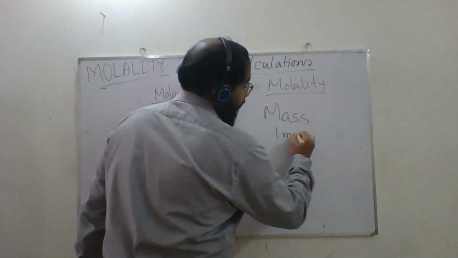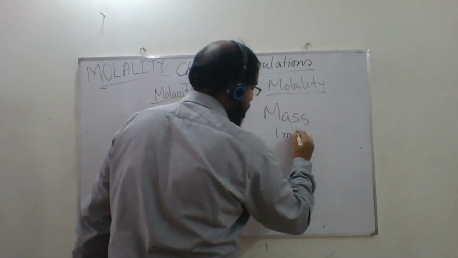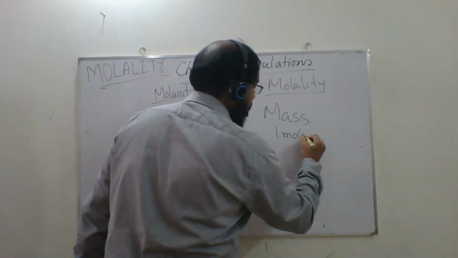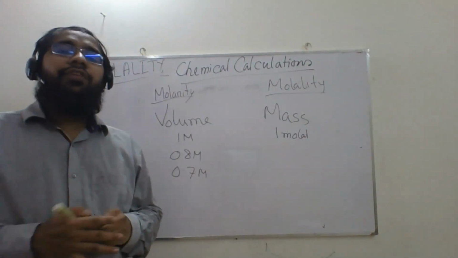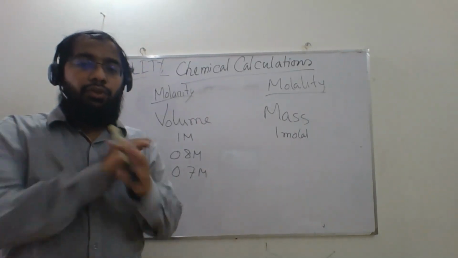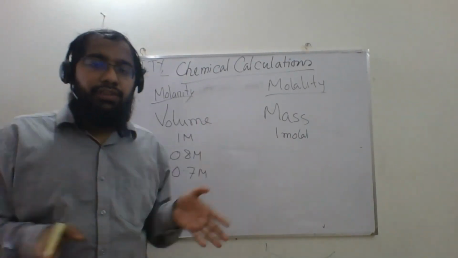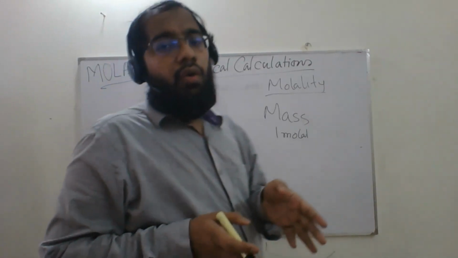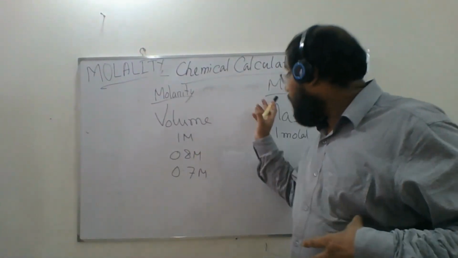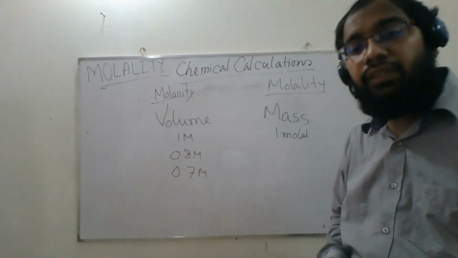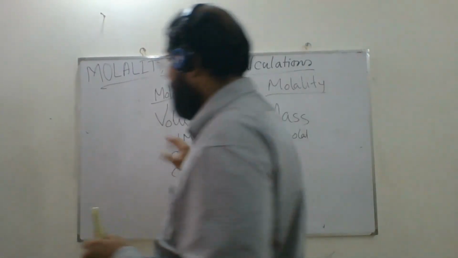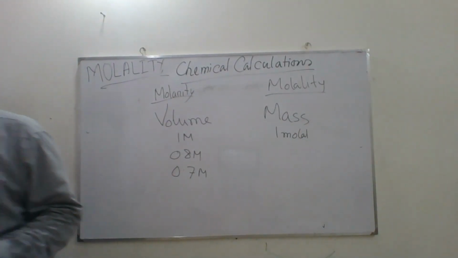But for a 1 molal solution that I am heating, if it is a closed vessel, there will be no change of the mass, it will remain the same. So there is no effect of temperature on molality, but there is an effect of temperature on molarity. This is the basic difference between these two.